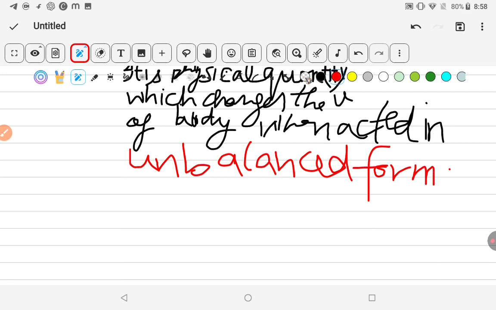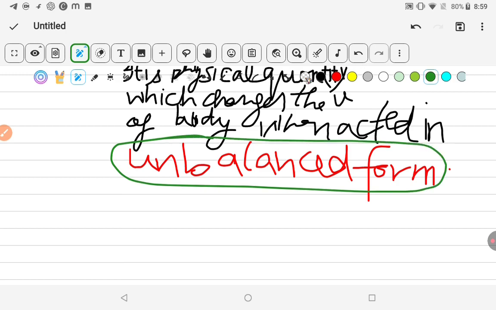This is actually really important to know, what this unbalanced force form means.